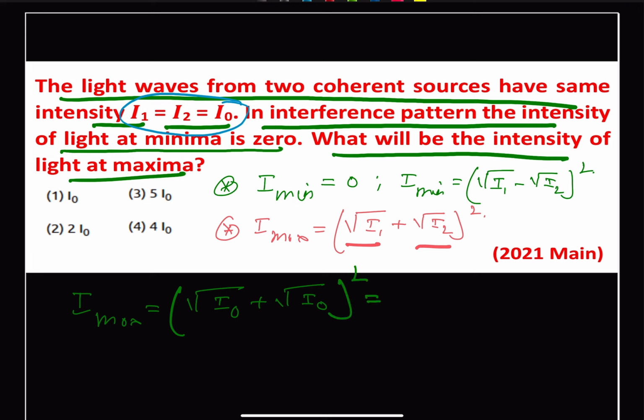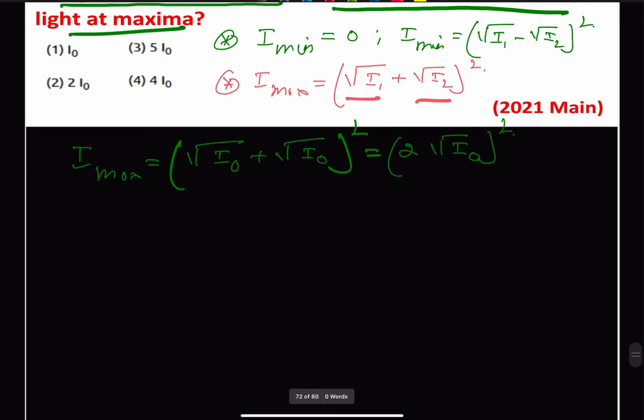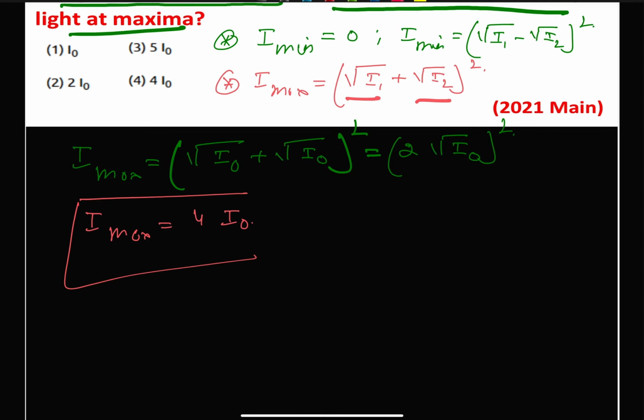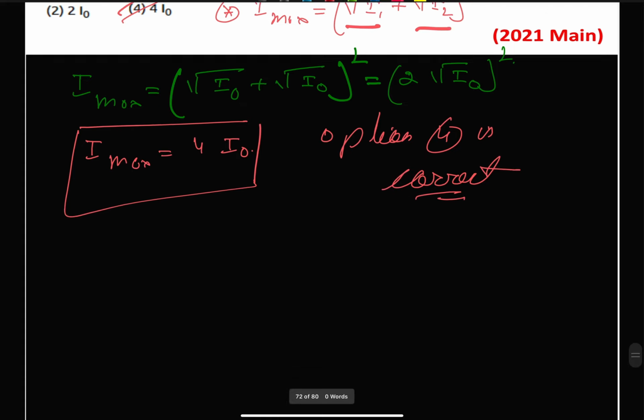So this comes as (2 root I naught) whole square, so we get our I max will be equal to 4 times I naught. So option number 4 is correct.